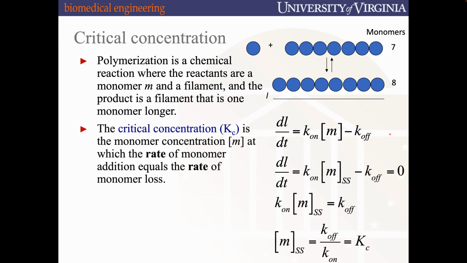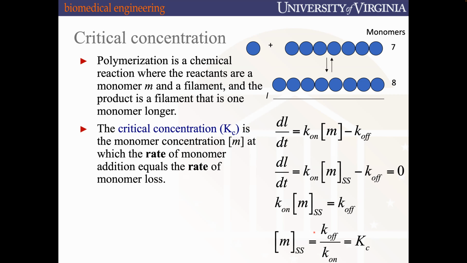But if we assume this to be at steady state, we're looking for the steady state concentration. So we can set this rate equation equal to 0, do some algebraic manipulation, and define the concentration of monomers at steady state to be the ratio between the off rate of monomer subtraction and the on rate of monomer addition.